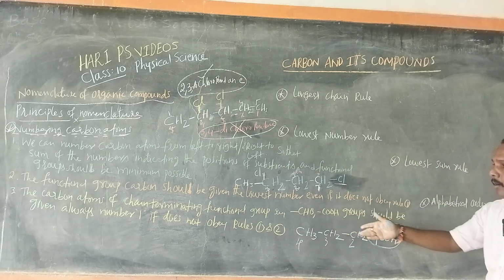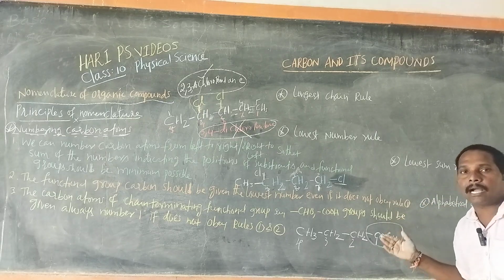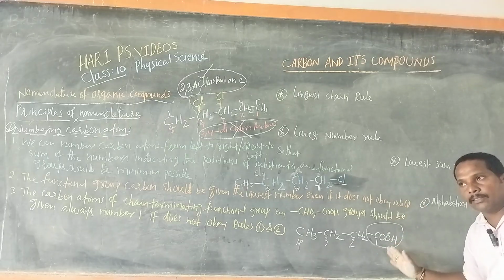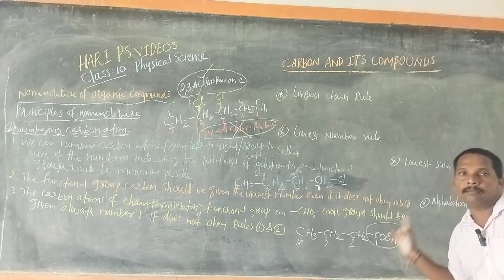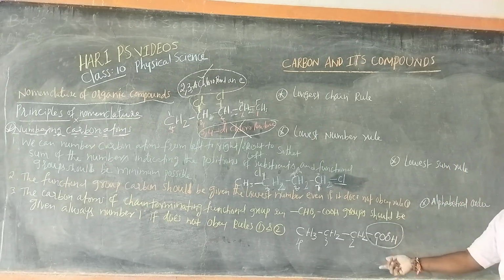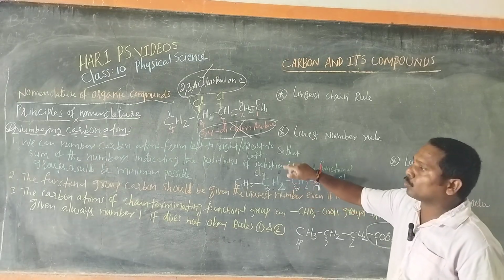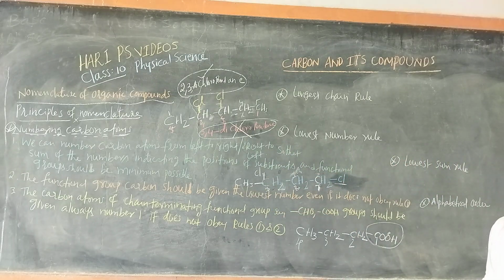The organic compound has a functional group. In that functional group, if the functional group has carbon, for that carbon you give the number 1. Always give number 1 even if it does not obey rule 1 and rule 2.